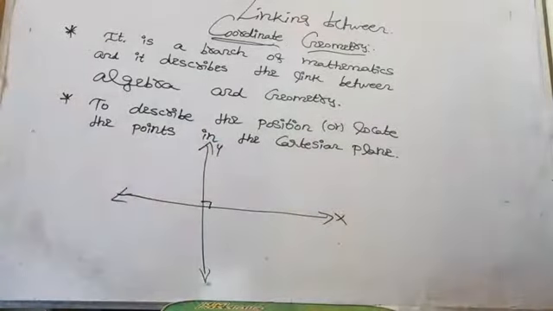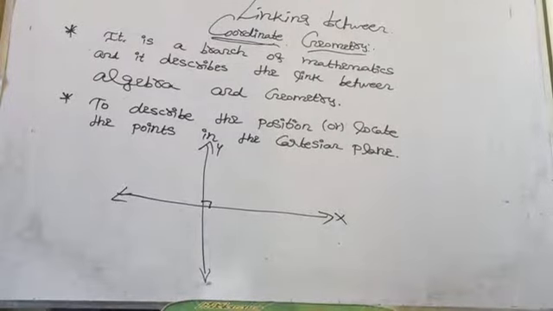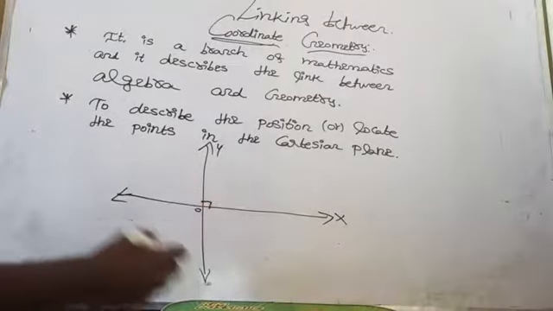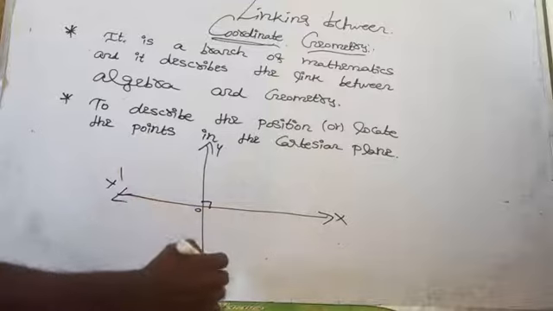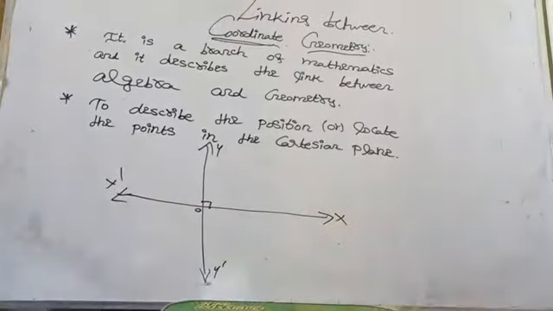The other is called what? Y-axis. So the two perpendicular lines divide the Cartesian plane into four quadrants. How many quadrants? Four quadrants. Where the two lines intersect is named the origin.